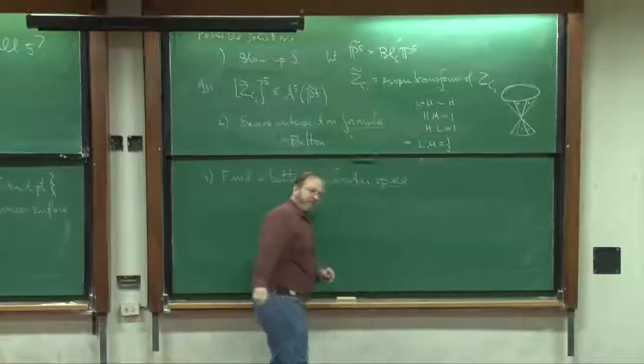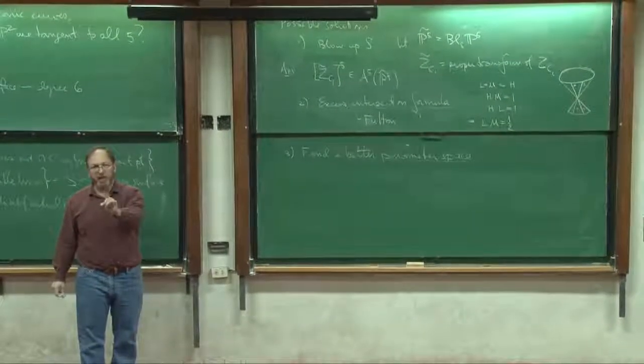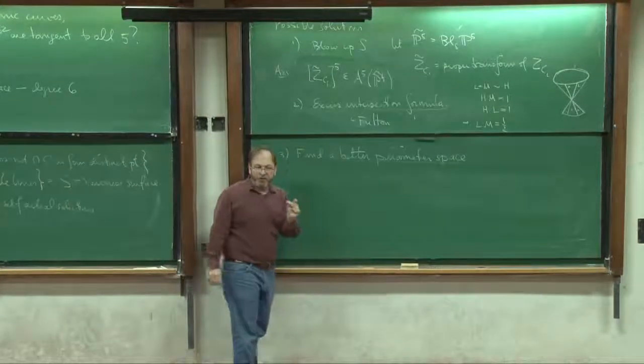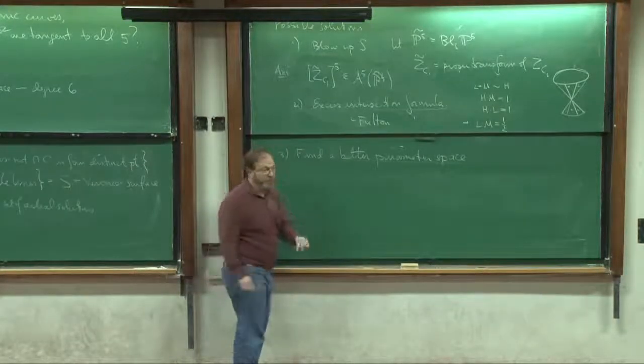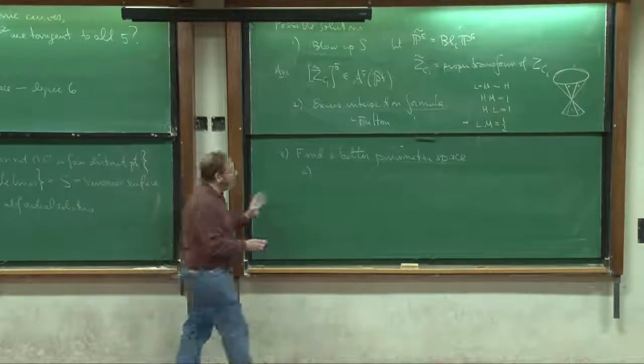This is the classical approach I want to describe. I'll say what I mean in just a moment, but let me just mention that even within this approach, there are two ways of going about this.